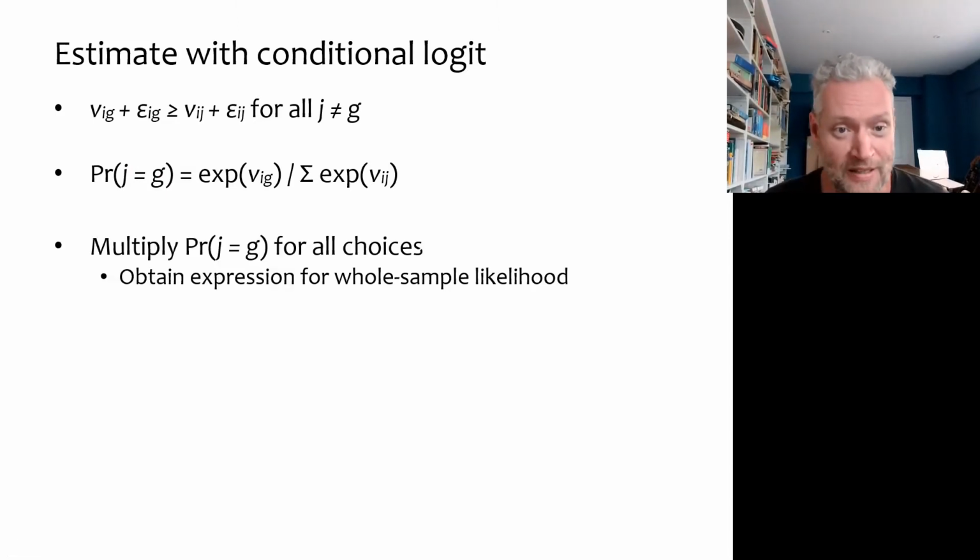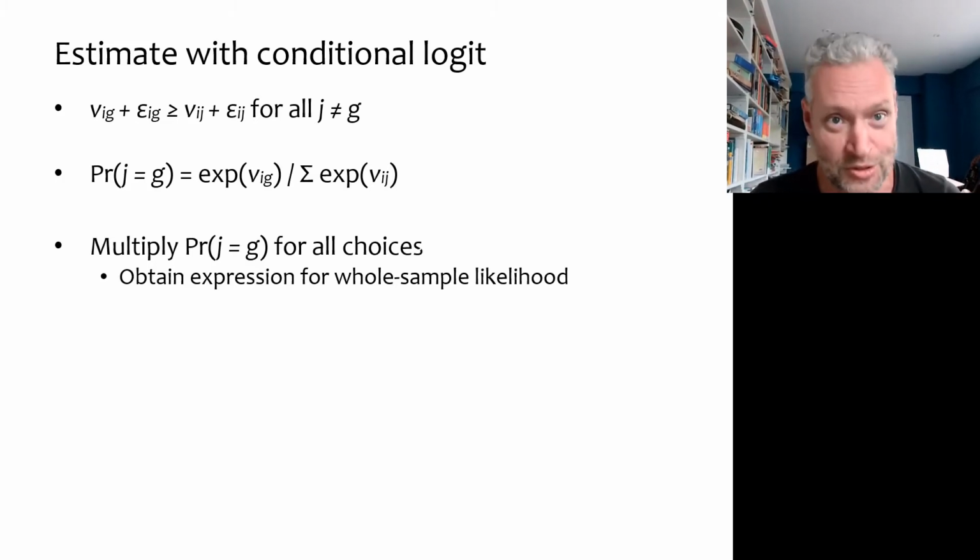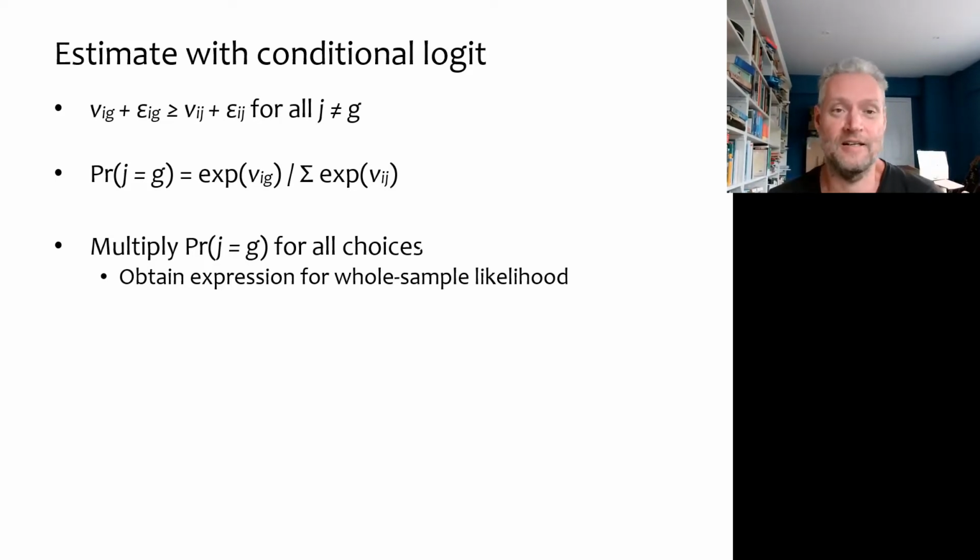We multiply this particular probability for all choices, and we'll have a complete expression of our probability, right? It's not just that we choose G, but we also chose not H, right?